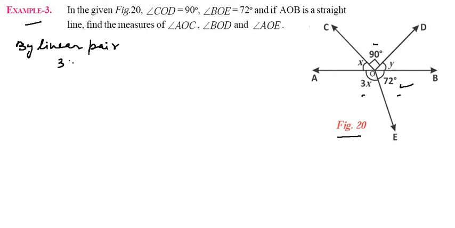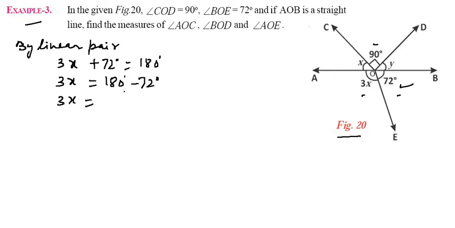So you can see here 3x plus 72 degrees is equal to 180 degrees. So 3x is equal to 180 degrees minus 72 degrees. So 3x will be equal to 108 degrees.